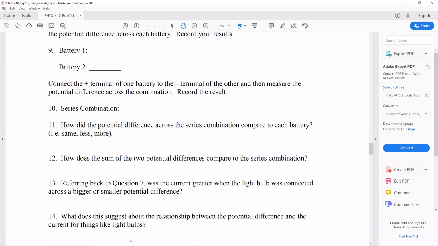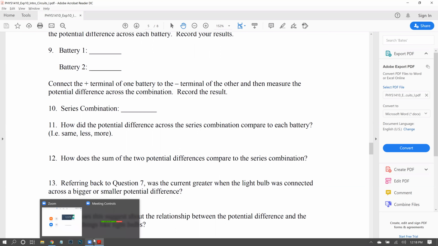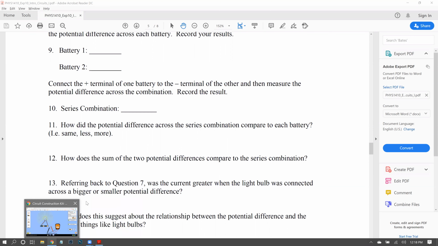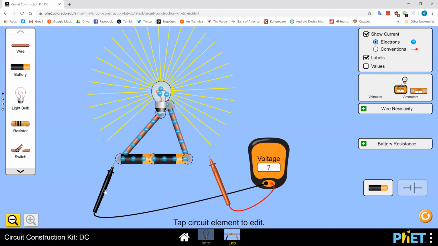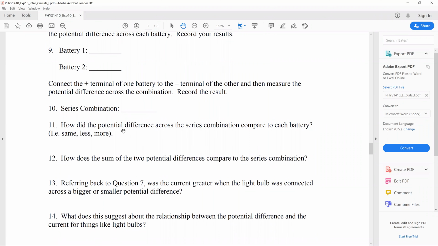Then the series combination is across both of the batteries together. So negative at one end of one battery, positive at the other end of the other battery, and then it's 18 volts there. So the next few questions just ask about those numbers.